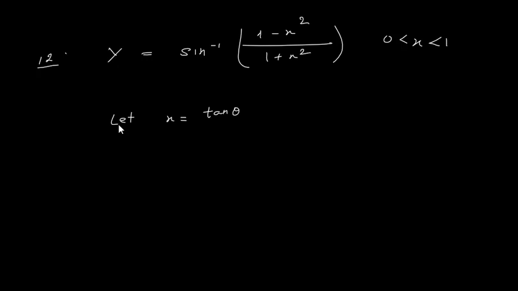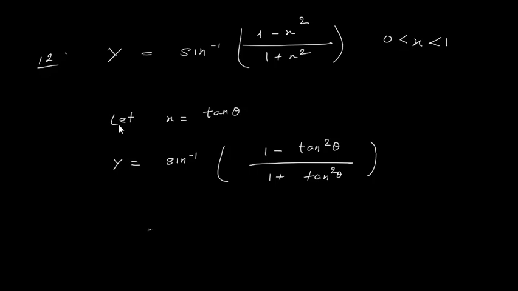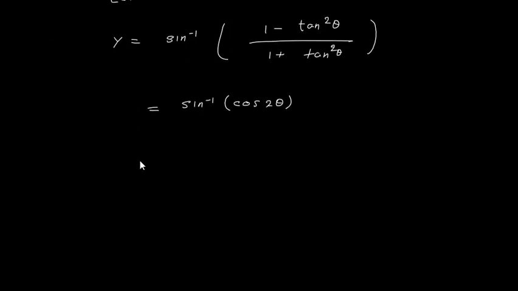So I have y is equal to sine inverse of (1 minus tan square theta) upon (1 plus tan square theta), which gives me cos 2 theta. Sine inverse cos 2 theta.